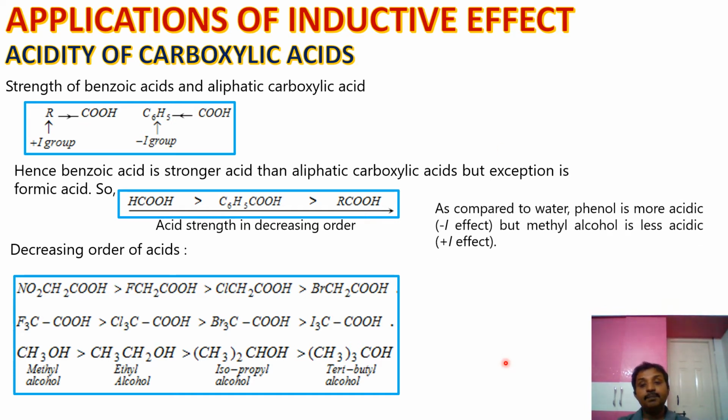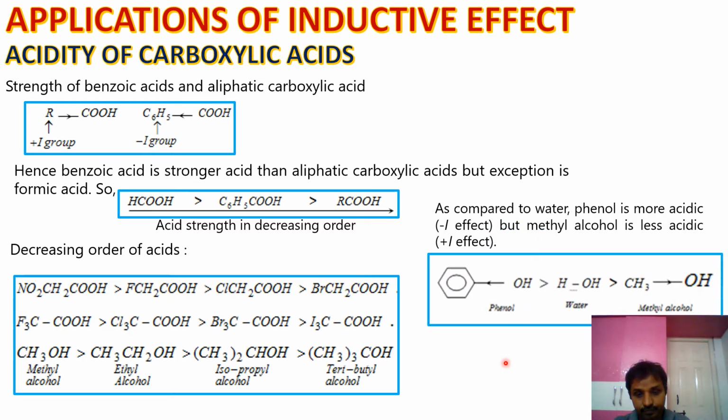Now, as compared to water, phenol is more acidic, but methyl alcohol is less acidic. The reason is that in phenol, the C6H5 group, that is the phenyl group, is an electron withdrawing group.